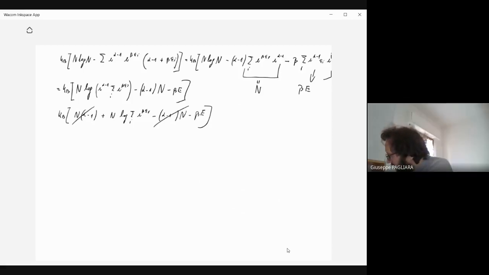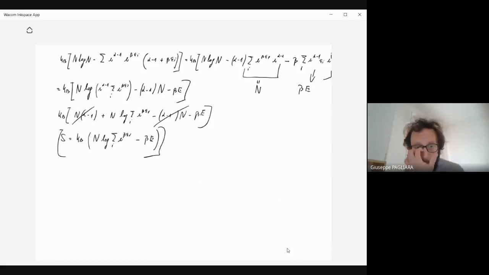Then I'm left with the following expression that S is equal to Kb, and then I have n log of the sum of e to the beta epsilon I minus beta E. Calculations are easy, one just needs to do it slowly.